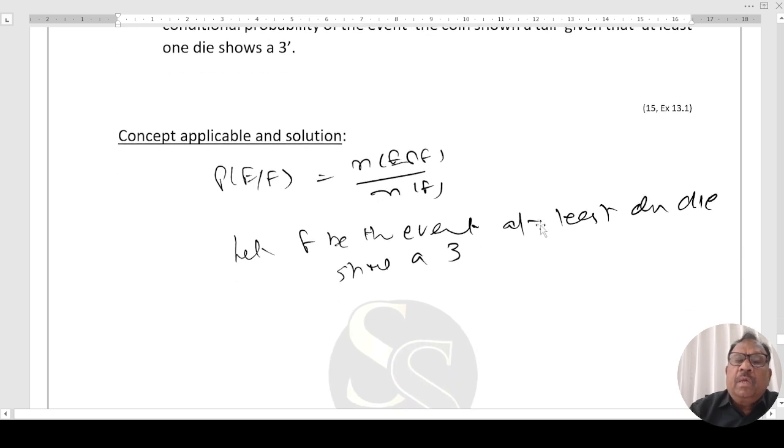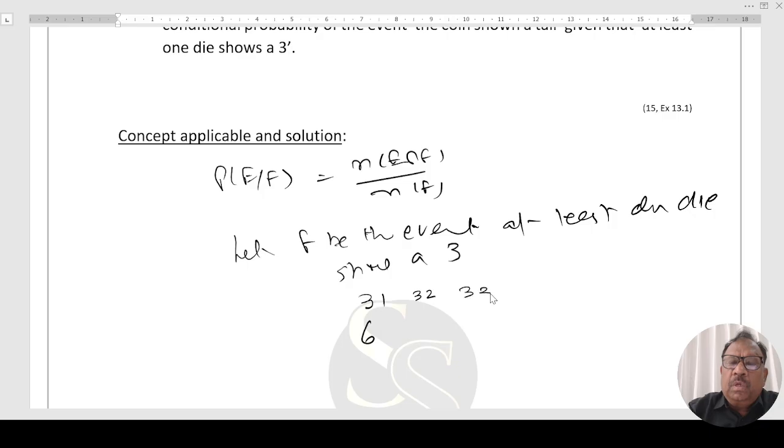At least one die means multiple of 3, multiple of 6: 1 3, 2 3, 3 3, 4 3, 5 3, 6 3, and 6 1, 6 2, 6 3, 6 4, 6 5, 6 6.